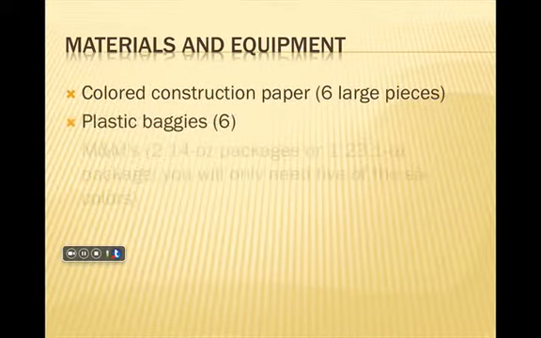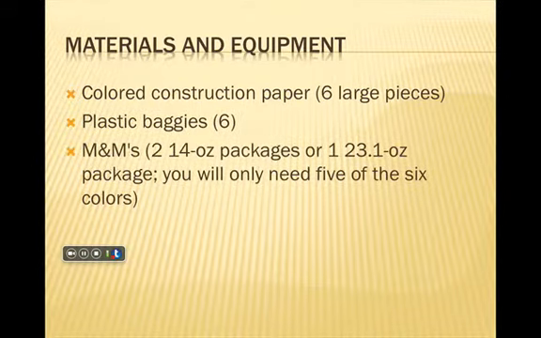Materials and equipment. Anytime you do materials and equipment, make sure that you list everything in quantity and amounts. Now, if you'll notice here, I have two 14-ounce packages or one 23.1-ounce package of M&Ms. In science, it's really best to use metric, so I've messed up on this, and I'm going to get points deducted because I did not convert 14 ounces into grams.